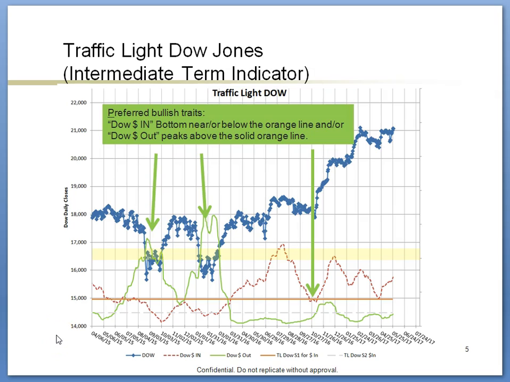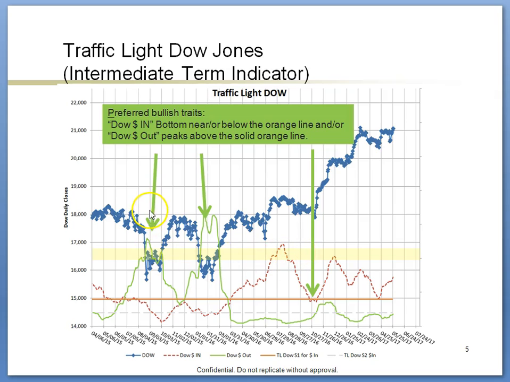Let's focus on preferred bullish trades. This happens when the Dow money in line, the red dashed line, bottoms, especially below the solid orange line, or the money out line, the green line, peaks above the solid orange line. The three green arrows indicate the intermediate bullish entry points.